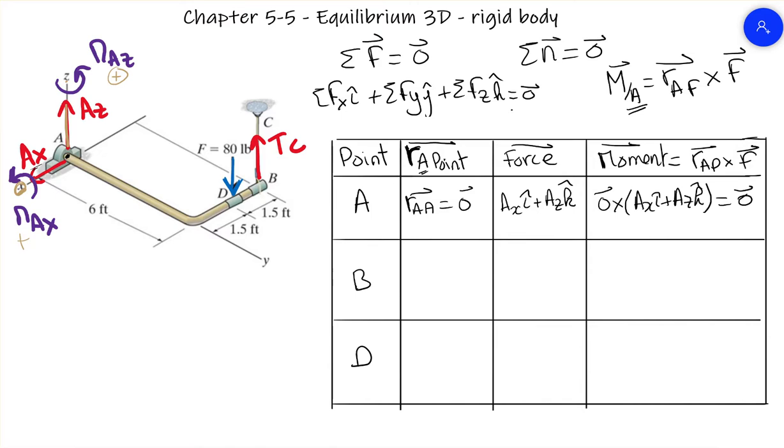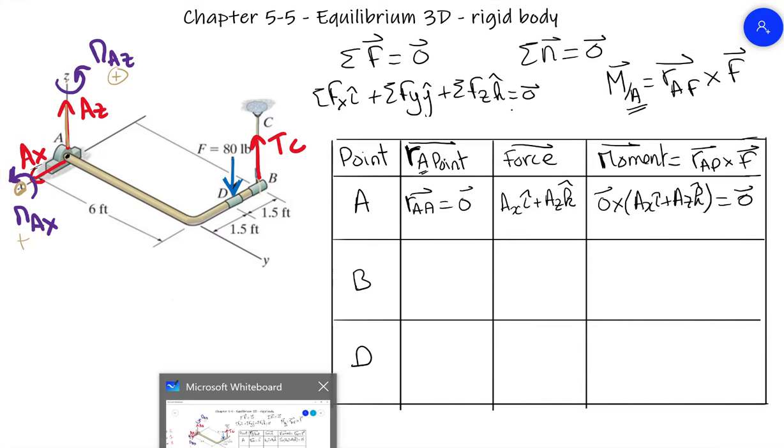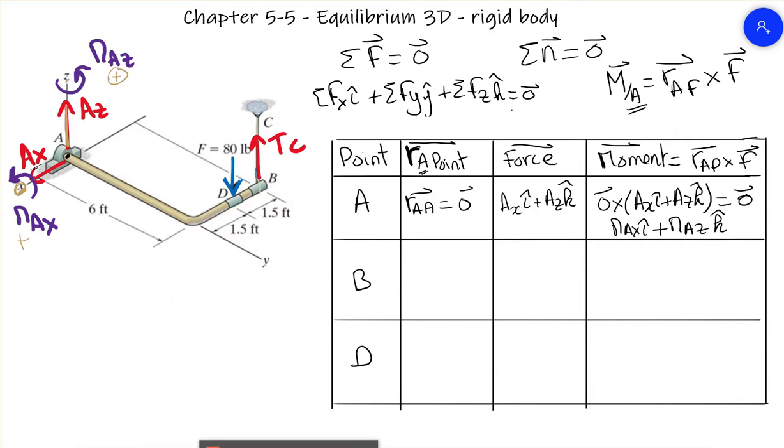But don't forget that we have the moments created by the reaction. So we have MAX on I hat plus MAZ on K hat. Okay, so we need to consider them. There is no moment created by any distance for the force, but there are some moments, like internal moments inside the bearing.